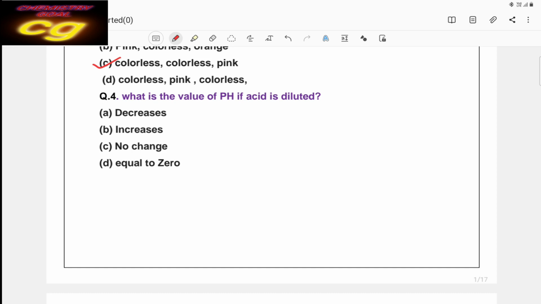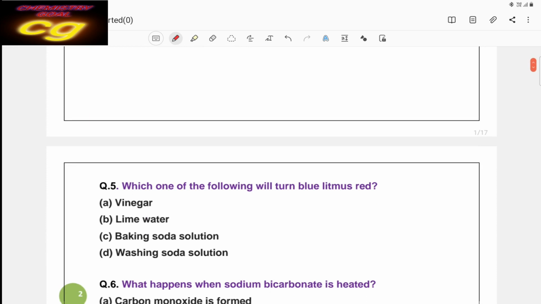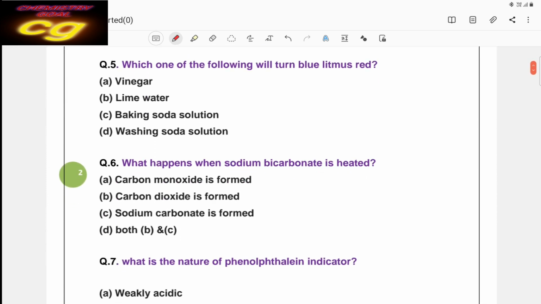If H+ ion concentration decreases, then the pH value will increase. So this is the answer B.